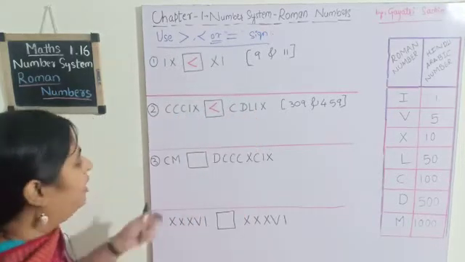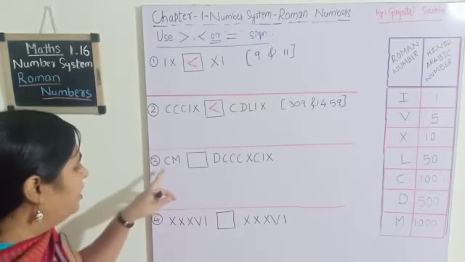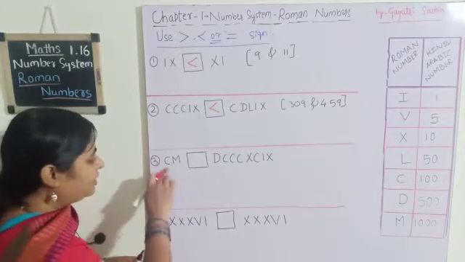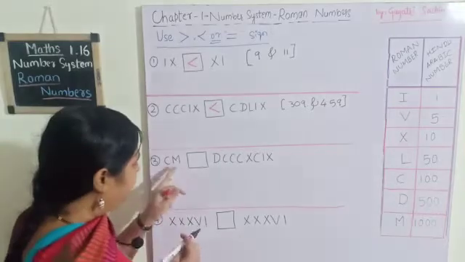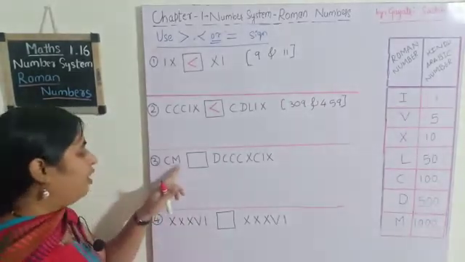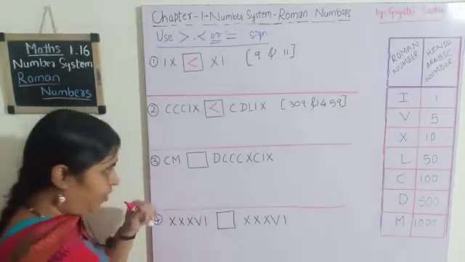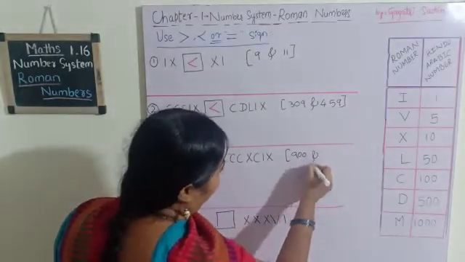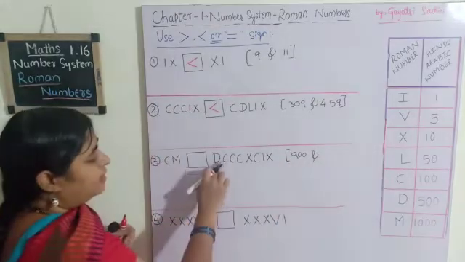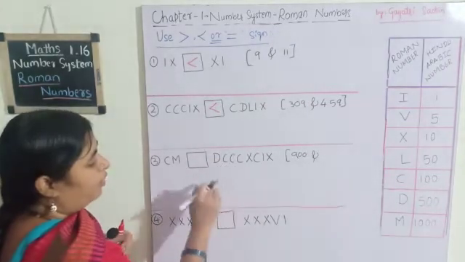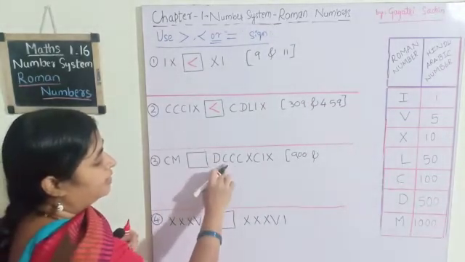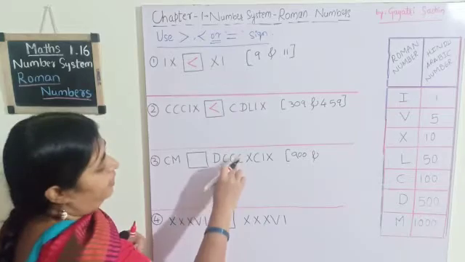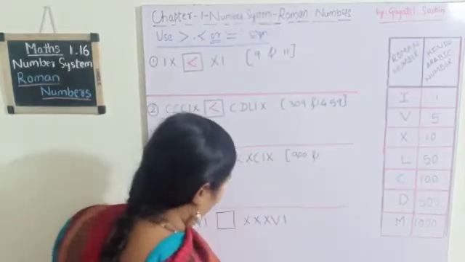Like this. Coming to the next example, CM. What is C? 100. M is 1000. Means 1000 minus 100 is 900. And what are the other numbers? DCCC. So what we have to do? 500 plus 100, 600 plus 100, 700 plus 100, 800.